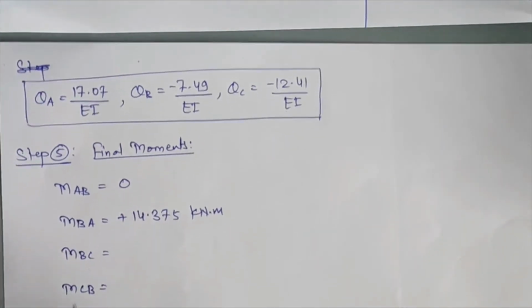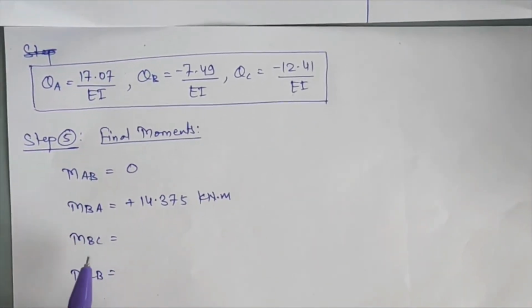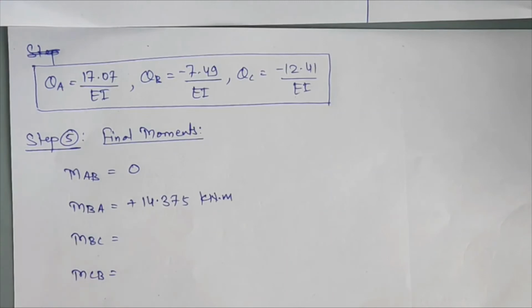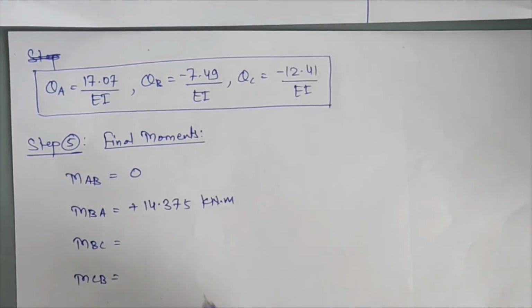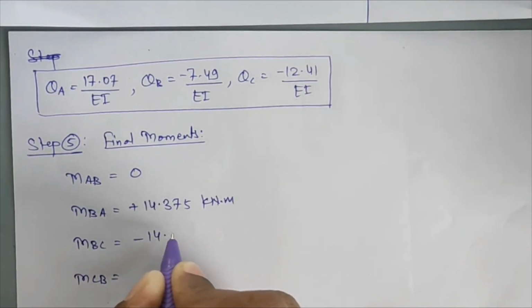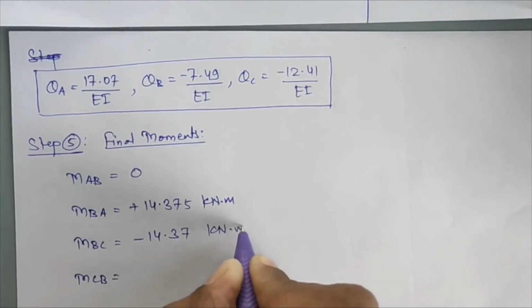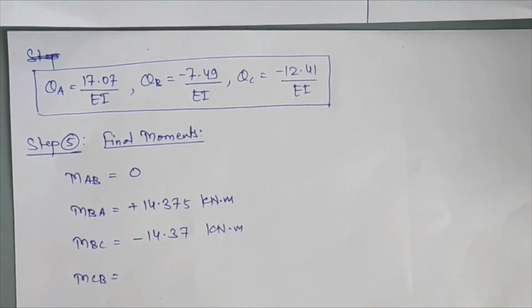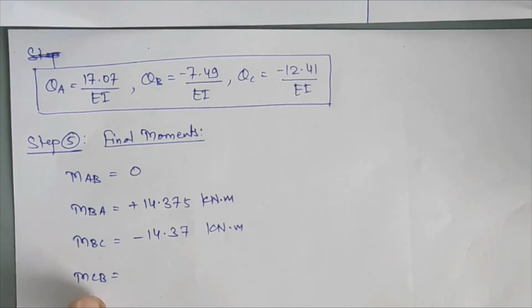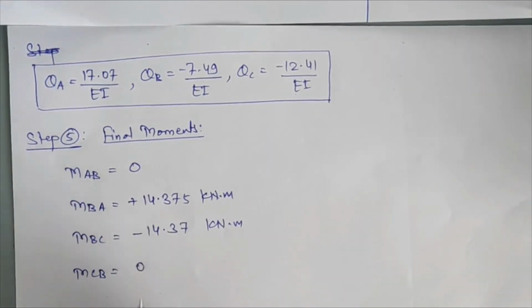The same way, substituting these three values in the BC equation, you will get MBC equal to minus 14.37 kilonewton meter. Almost the same values. And the last value, MCB, you will again get equal to 0.